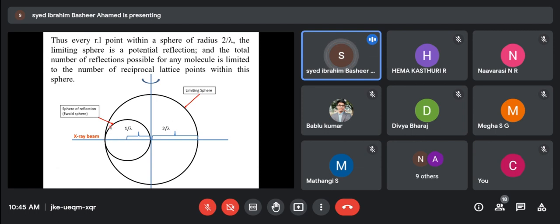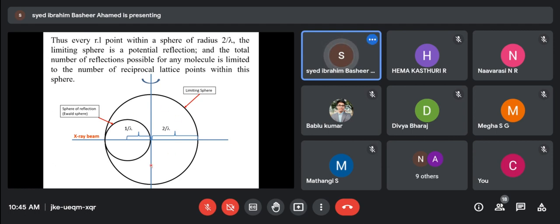Instead of coming here, it may go here, or it may make a circle like this, or something like this. Thus every reciprocal lattice point within the sphere of radius 2 by lambda, the limiting sphere, is a potential reflection. And the total number of reflections possible for any molecule is limited to the number of reciprocal lattice points within the sphere.